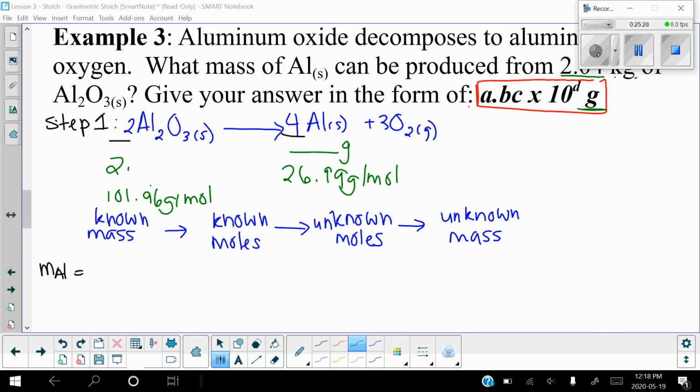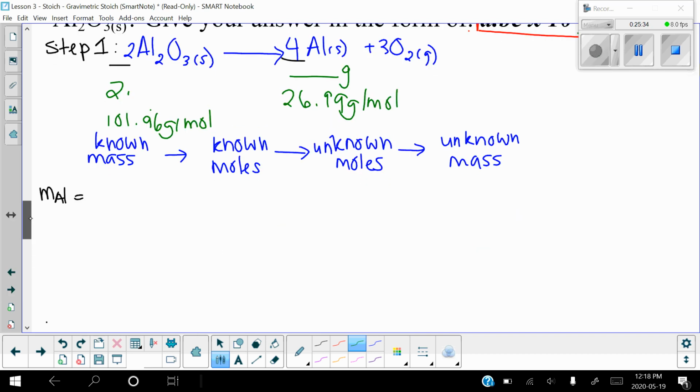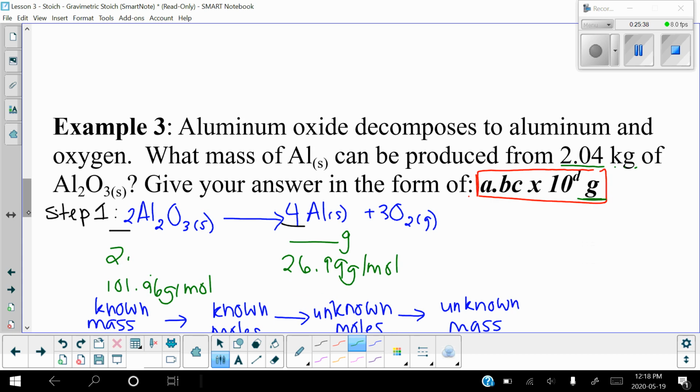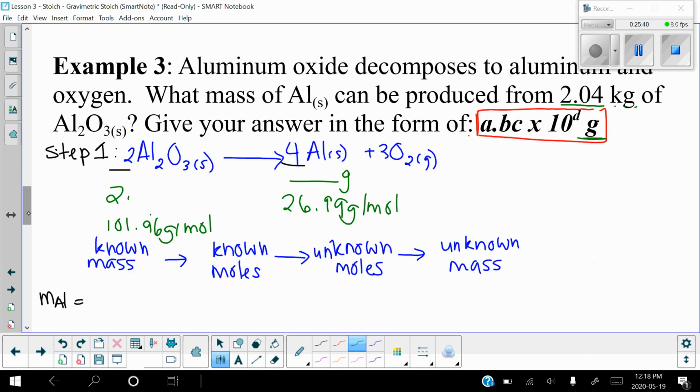Okay, I'm going to show you one more way to do this problem. So let's say I did not convert that mass into grams right away. This is something like if you were going kilograms to kilograms, 0.4 kilograms.